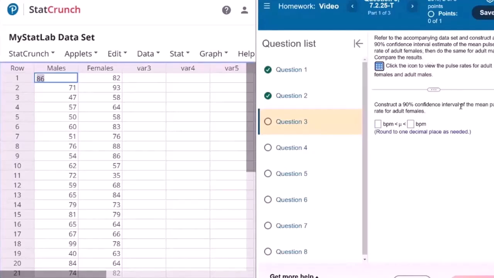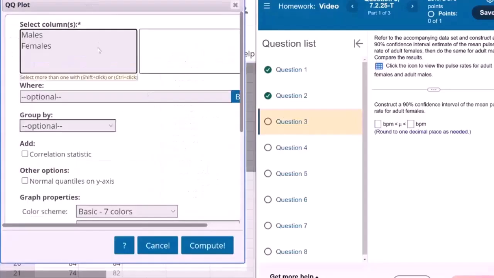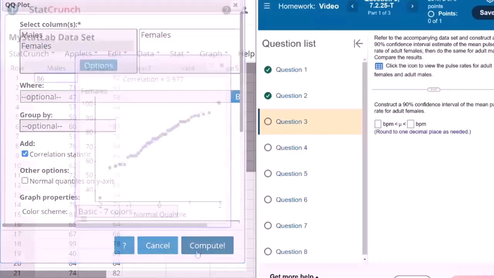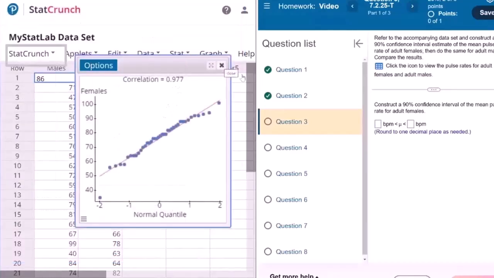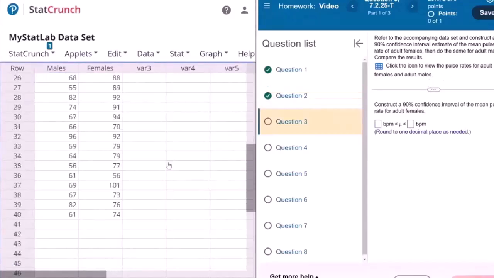We'll do females first. Let's graph the QQ plot for females and see if it's normally distributed. Looks beautiful. We can even put our correlation coefficient, almost 1, perfect.